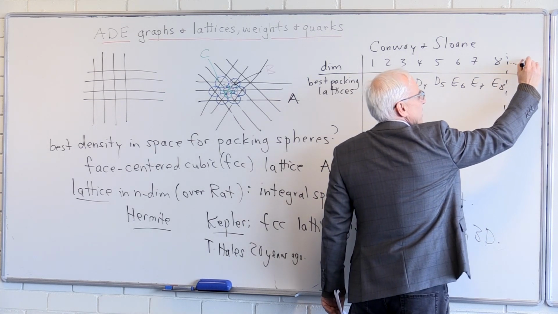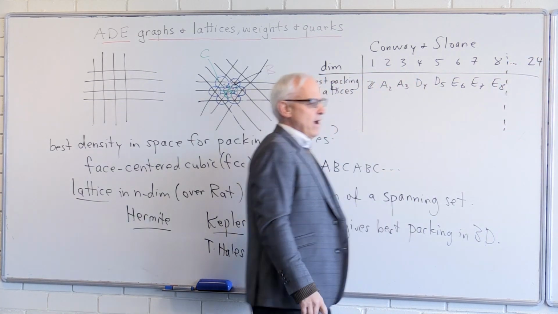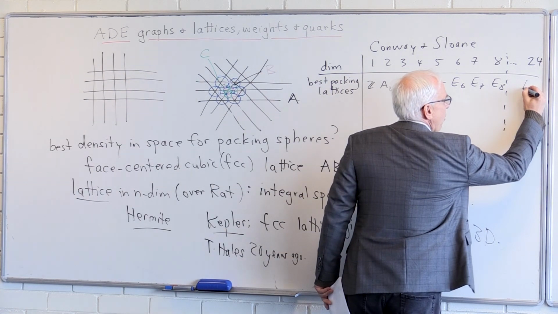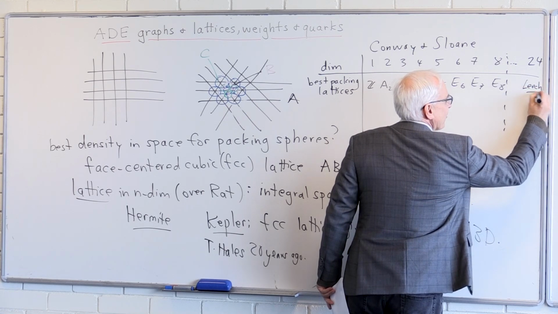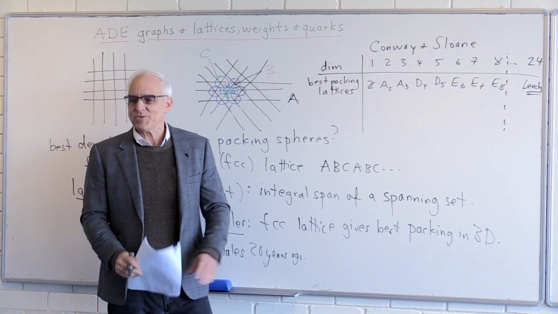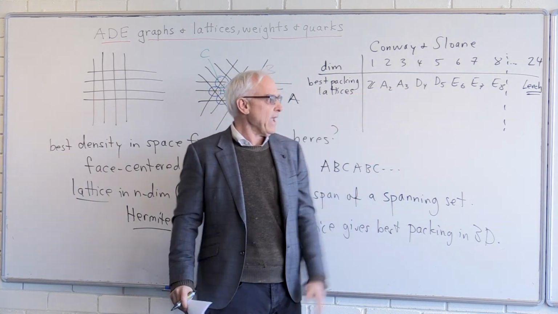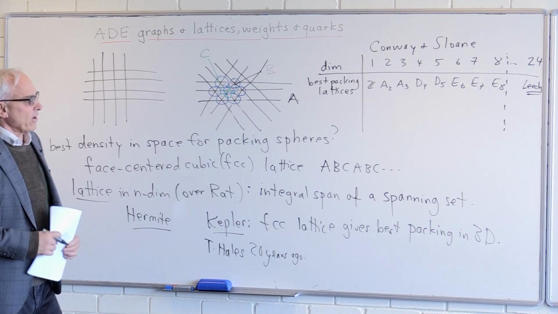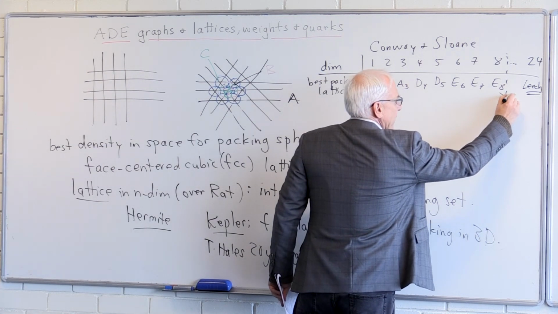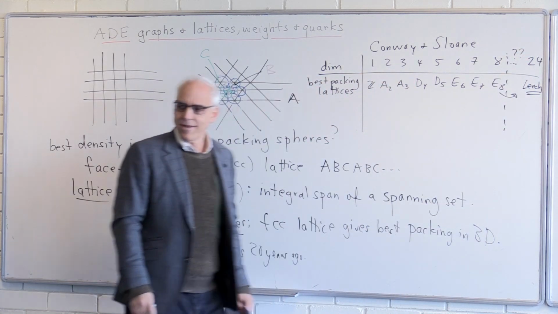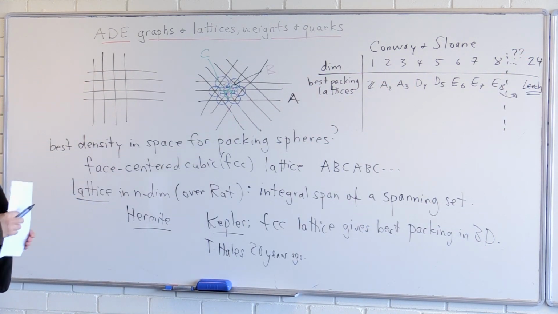Other than 8, the only one that we really know about is in 24, where there's an even more remarkable object called the Leech lattice, which is some kind of extension that goes beyond the ADE story, and is actually also connected with E8. But for other dimensions, it's not really known what the best packing lattices are.